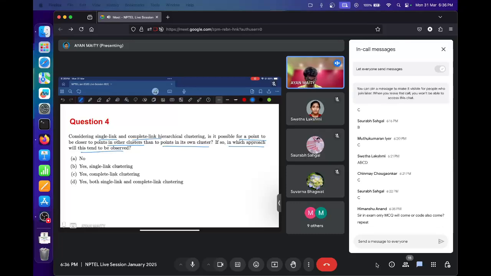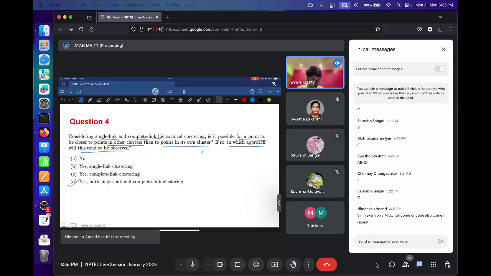So here the correct answer is that it can happen, in both single link and complete link clustering. The question was whether it is possible for a point to be closer to the points in other clusters than to the points in its own cluster. In single link, you can think of two parallel chains like this.